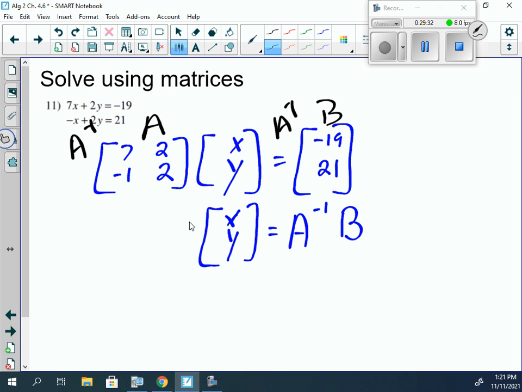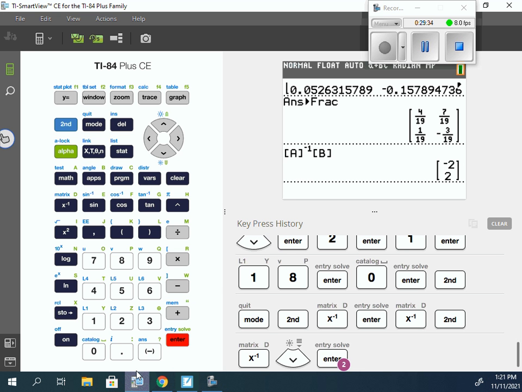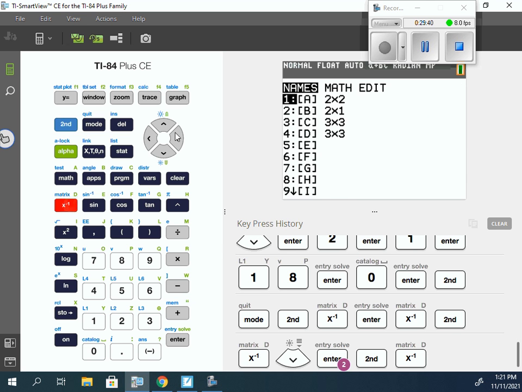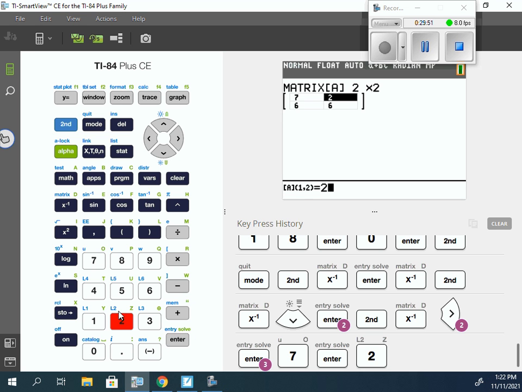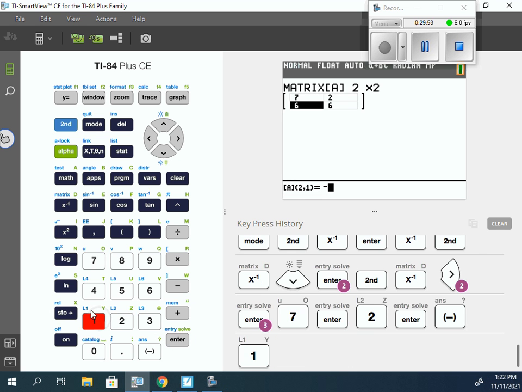Well, at this point here, we can grab the graphing calculator and plug our 2 matrices in. So we can go second matrix, over to A, which is still 2 by 2, and we'll have 7, 2, -1, 2.